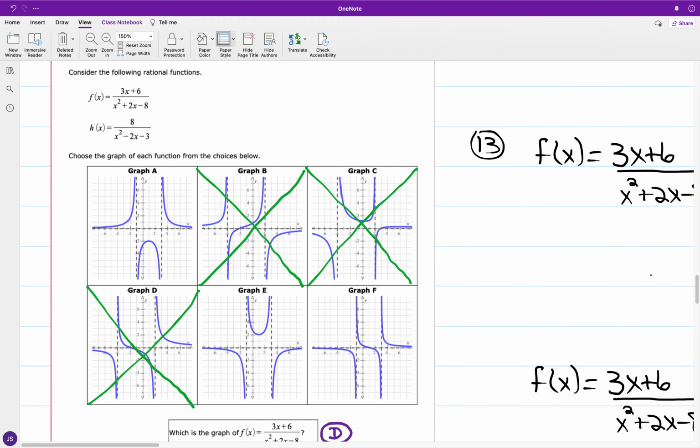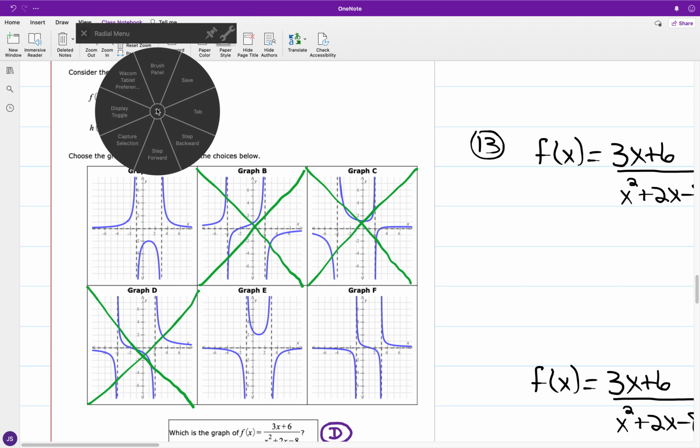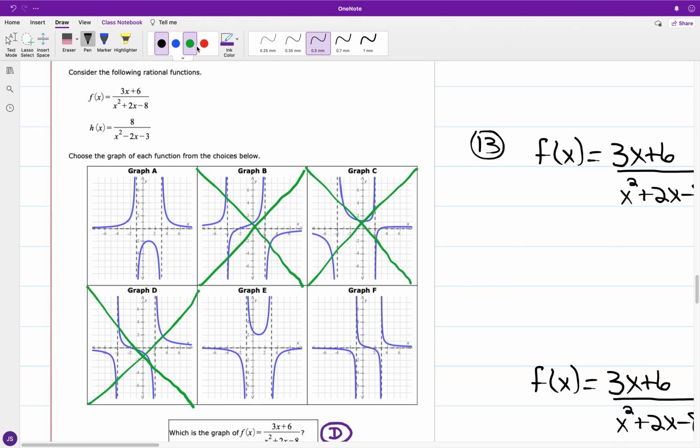Okay, so you have for A, we have the y-intercept between, it's like negative 2 and negative 3, so far so good. For E, if you notice, we have a positive y-intercept when it needs to be negative, so E goes out.